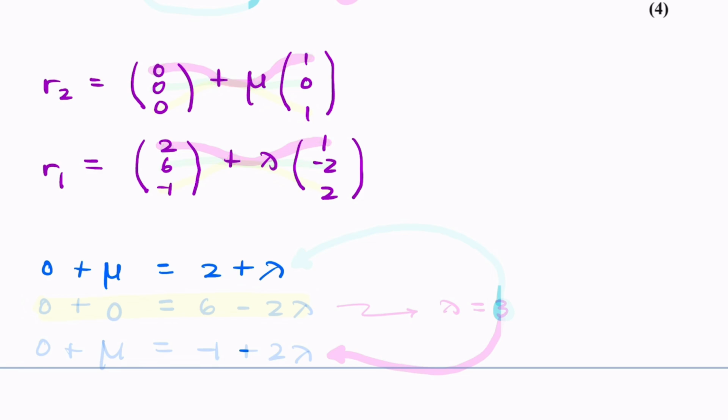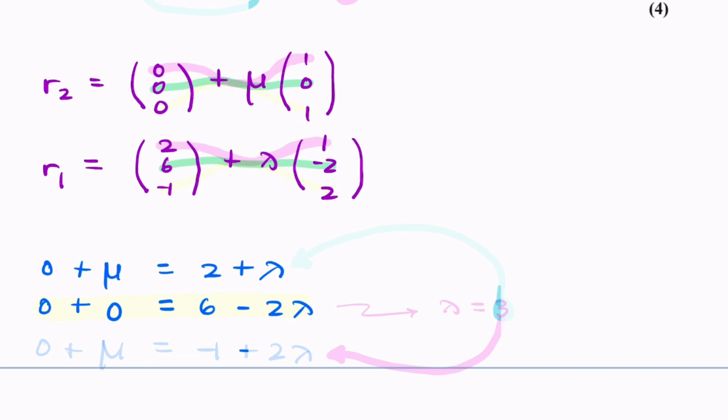That's your first equation. We can then also say that the y-coordinate of the point C on the line R2 equals the y-coordinate of the point C on R1. So 0 plus 0 equals 6 minus 2 lambda.